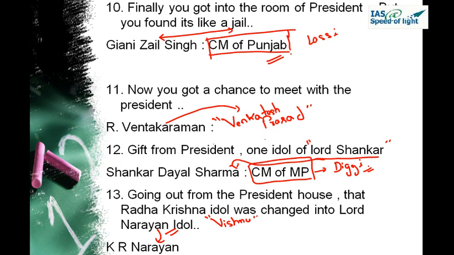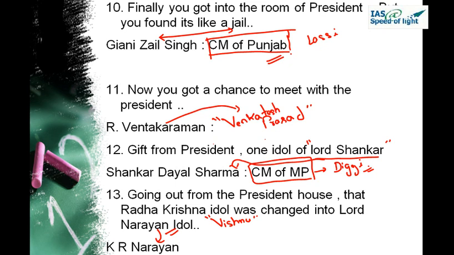After Jatti or library, it was the kitchen, and Neelam was cooking there. And with Neelam, we attached what she was cooking. It was biryani, or the CM of Andhra Pradesh. After that, we moved further to the main room of the president. It was the jail, okay, Gyani Zail Singh, and he was a chief minister of Punjab, Lassi.